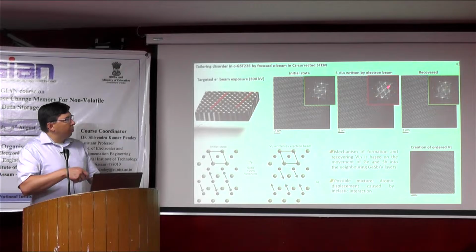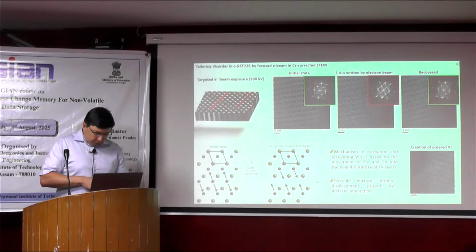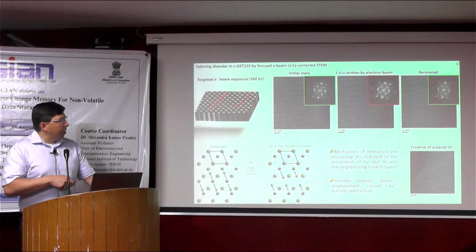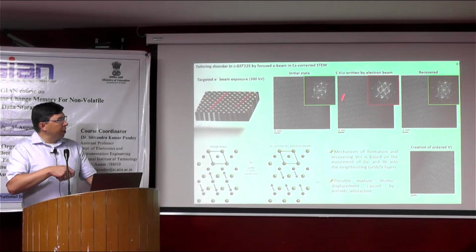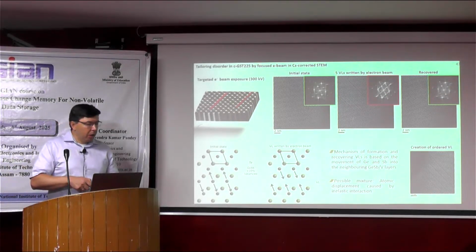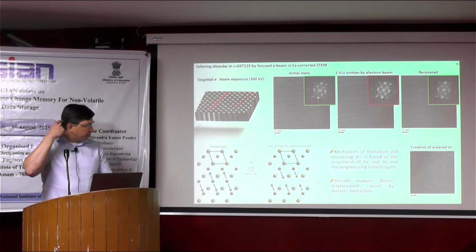This can also be seen in the FFT patterns. We have the formation of additional lines on 111 planes, and this is the signature of the formation of these vacancy layers. We can also bring our modified area back to the initial structure. If we irradiate with a slightly larger beam, then we can transform this modified area back to the initial structure.